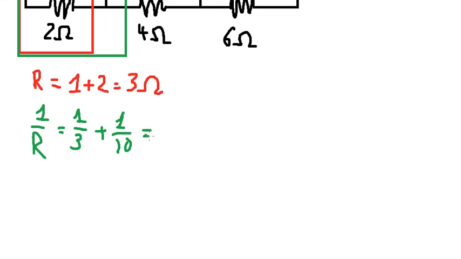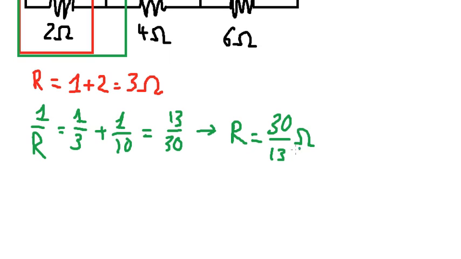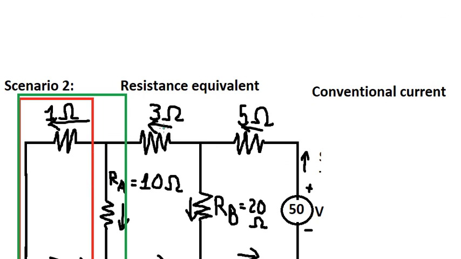So we calculate this one, and we have 13 over 30 ohm. 13 over 30. Now we need to find R. That is 30 divided by 13. And this is for the green one.